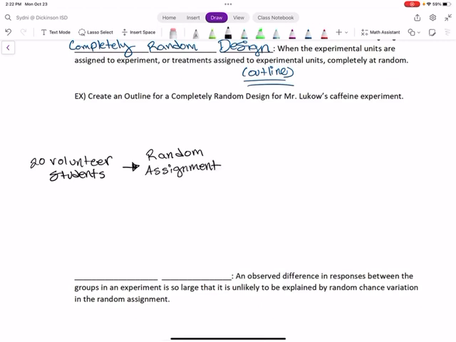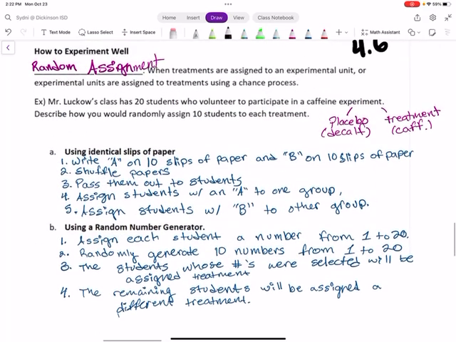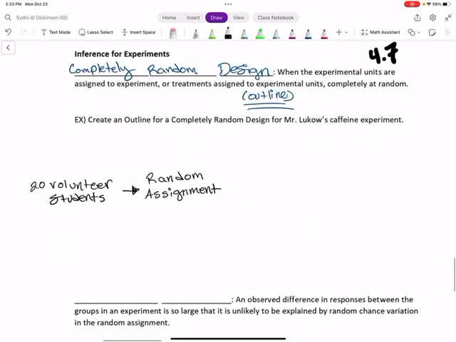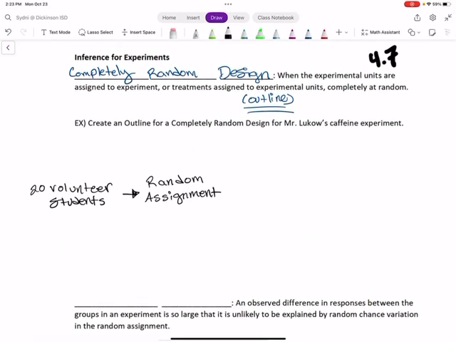When he does that random assignment, he is either going to use identical slips of paper or he's going to use a random number generator. Not entirely sure which method he's going to use, but he's going to do some kind of random assignment to randomly assign students to two separate groups.